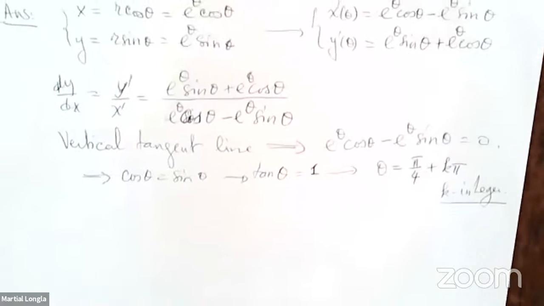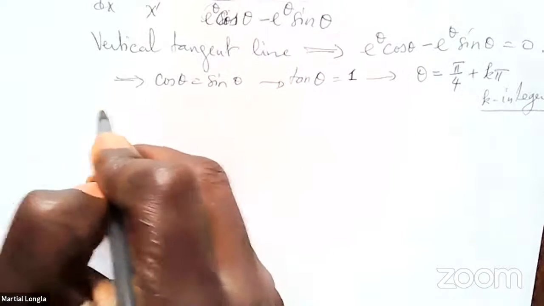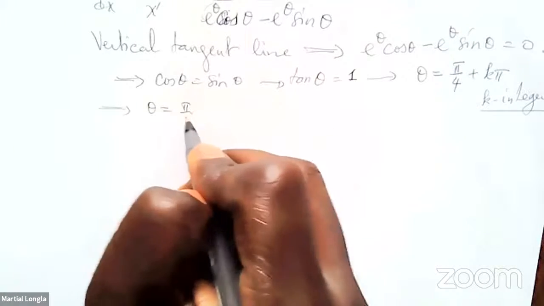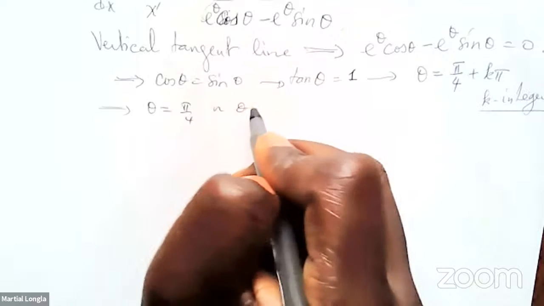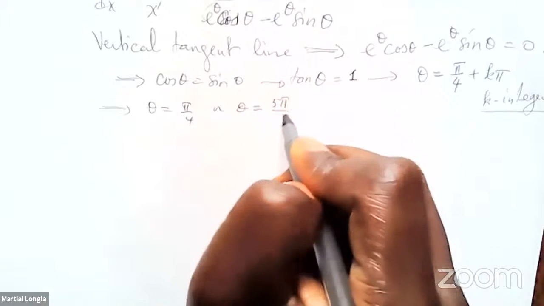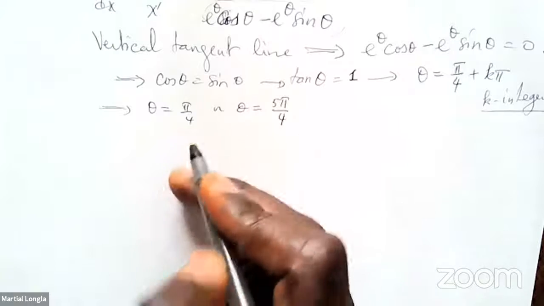Okay? So here for this k, theta equals pi over 4, or theta equals pi over 4 plus pi, that's 5 pi over 4. If you add more, you're going to be 2 pi and more. So there's only two such angles.